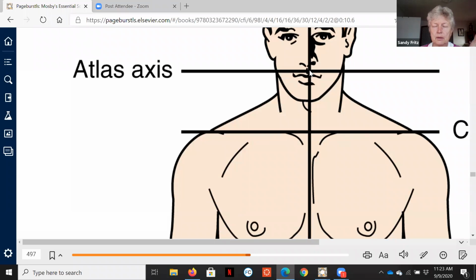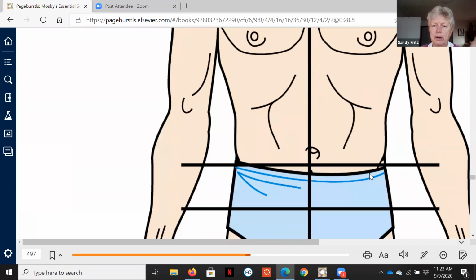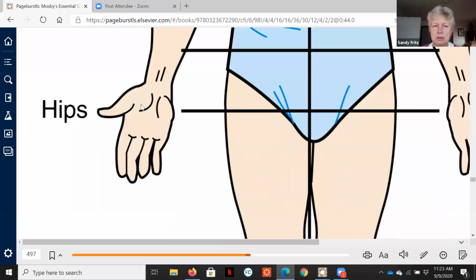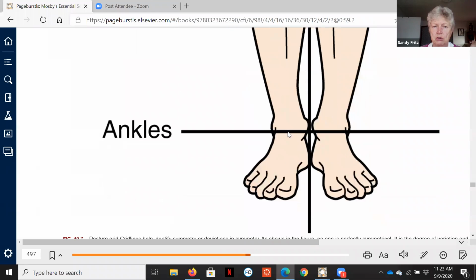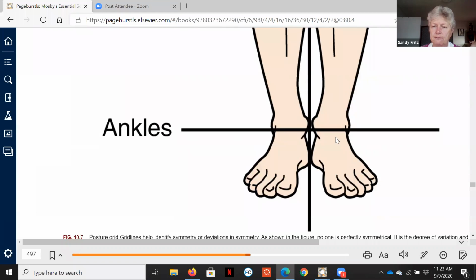So these cross lines are areas where we would typically have movement. Starting at the feet, we have a lot of movement in those planes: adduction, abduction in the frontal plane, flexion and extension.